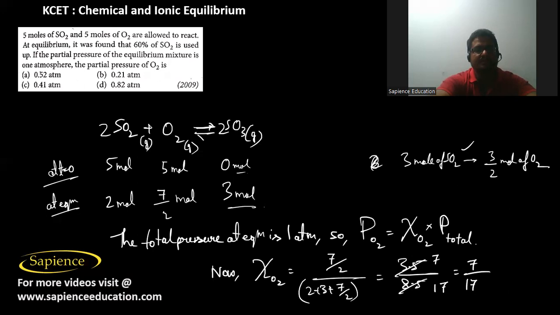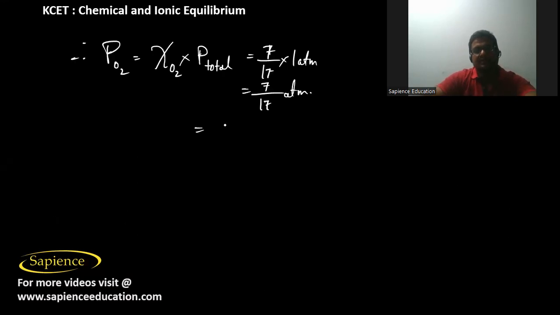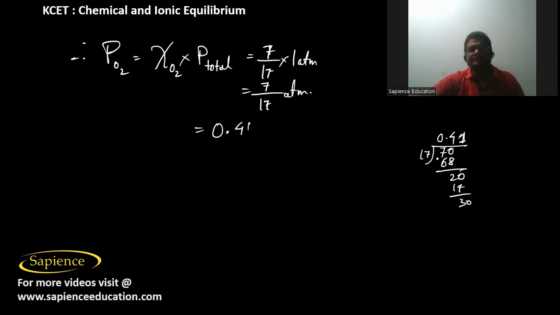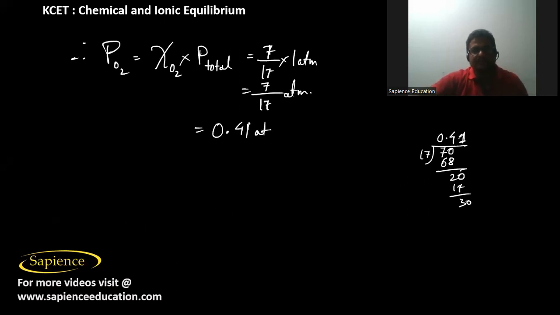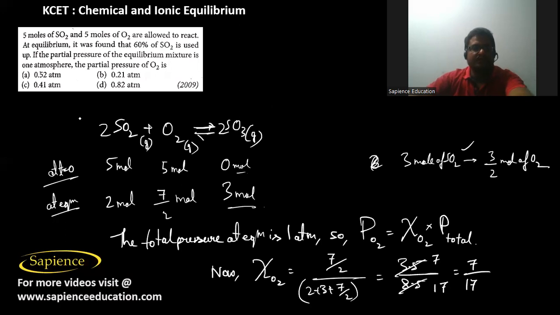That is 7 divided by 17, which is approximately 0.41 atmosphere. It means option C is the correct answer.